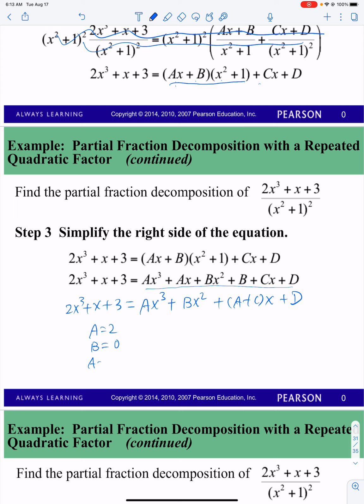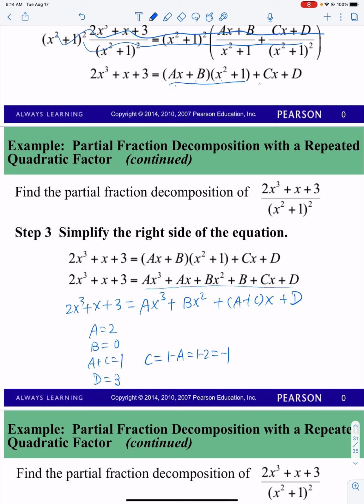And A plus C has to be equal to what? 1. D has to be equal to what? 3. Wow, this is super easy, yeah. So A equal to 2, then what will you have? C equal to what? C will be equal to 1 minus A, which is 1 minus 2, is negative 1.